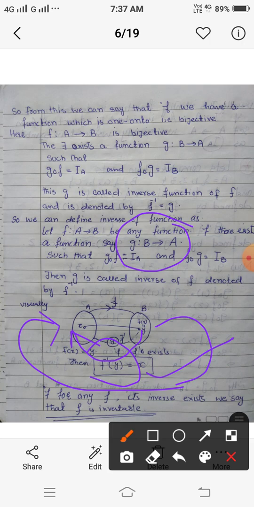If for any f this function g exists, meaning f inverse exists, we say that f is an invertible function. So an invertible function is that function whose inverse exists, and the inverse is that function which relates elements in the reverse direction.